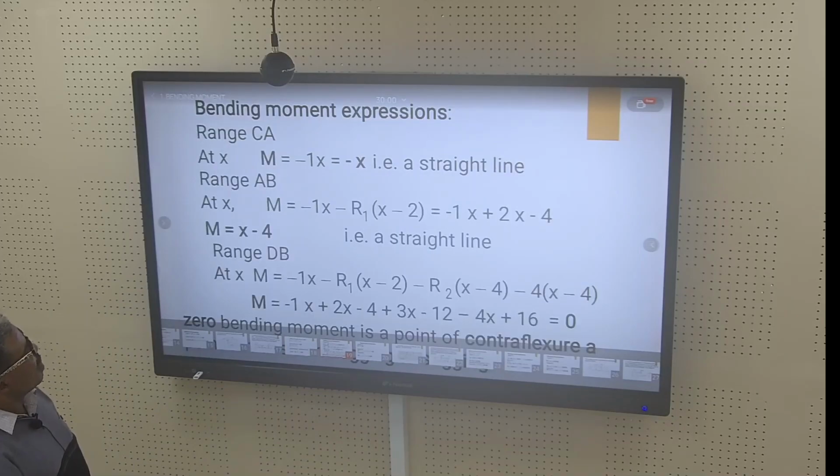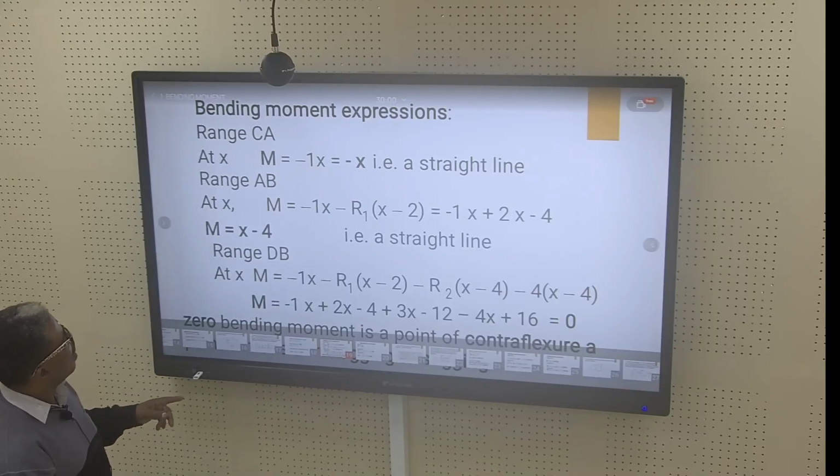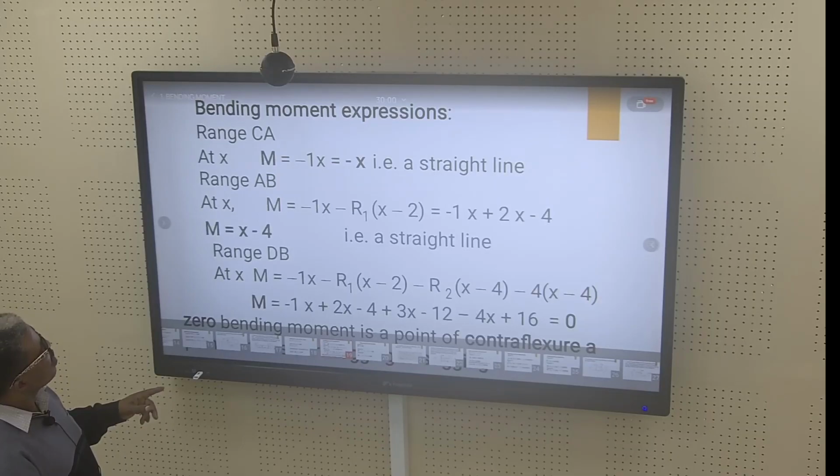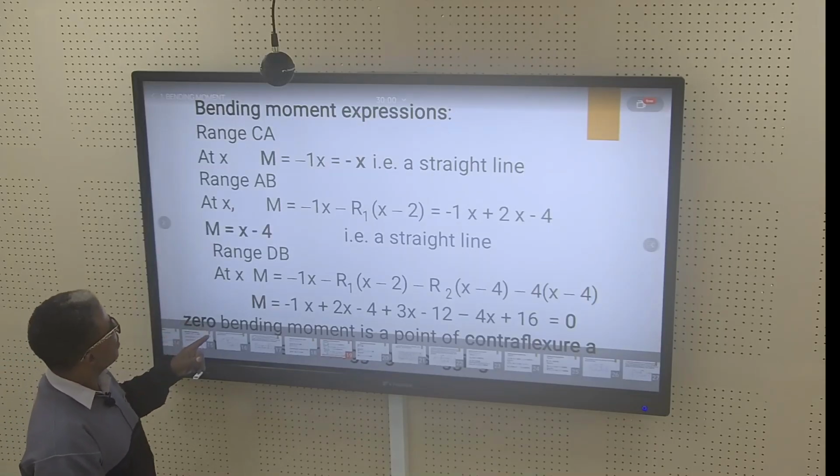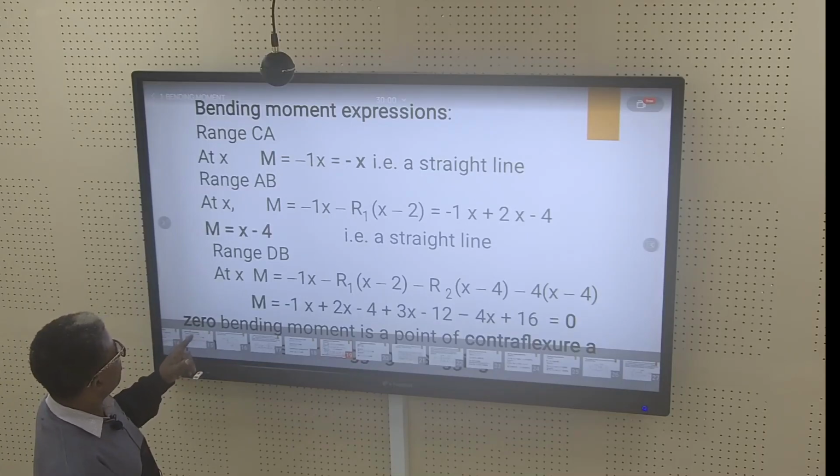Working out the bending moment expression, range CA at X, it is minus 1x, this one is negative x, and this one will be a straight line. Range of AB at X, R1 is negative 1.